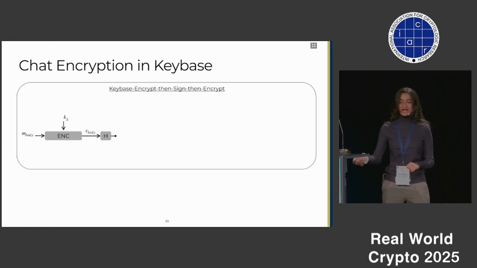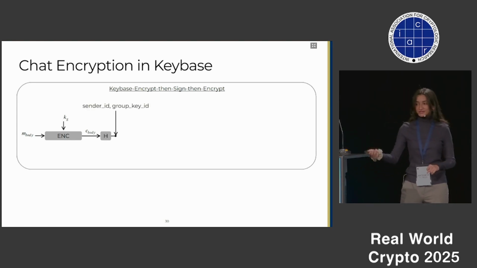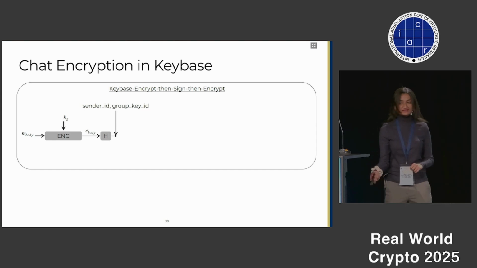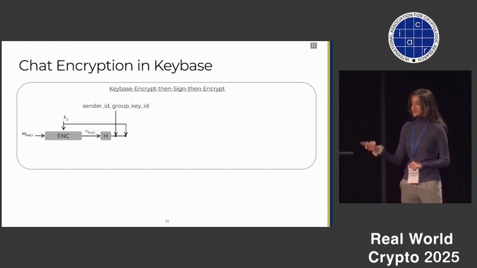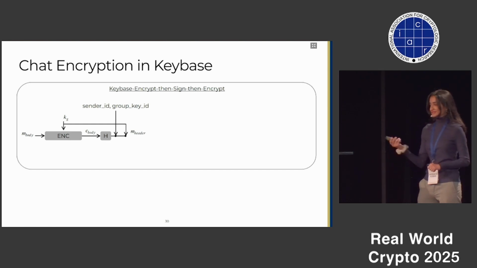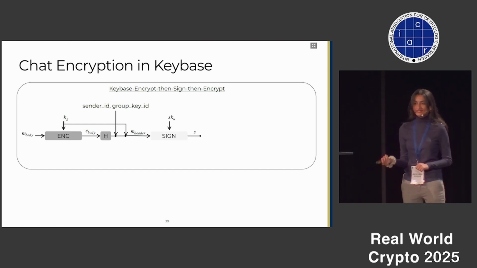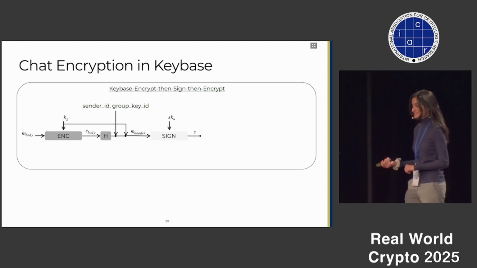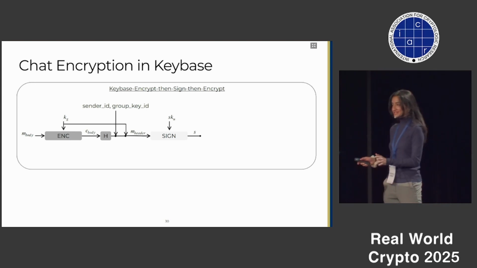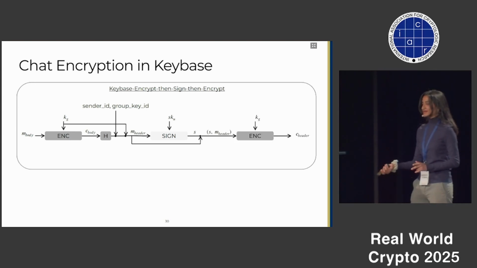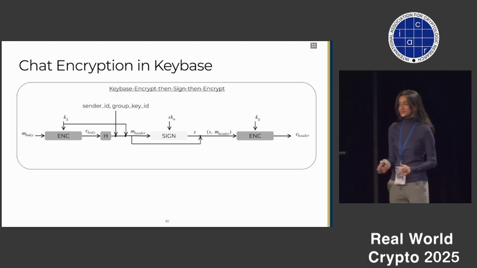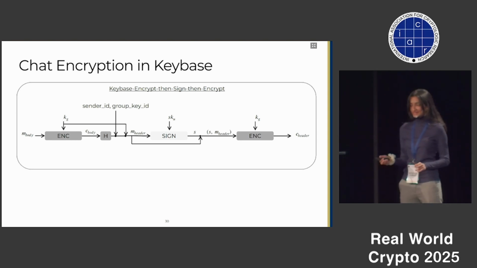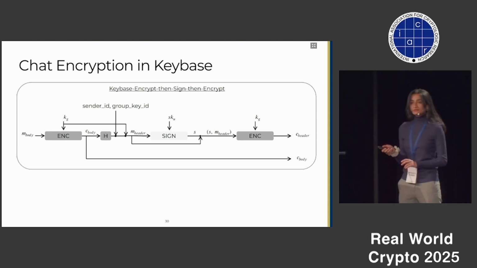Then it combines the hash of the body ciphertext with the sender and group key identifiers and the symmetric encryption key itself to produce the message header. This message header is signed under the sender signing key to produce a signature. To hide the signature itself, the message header and the signature are then encrypted using the symmetric group key to produce the header ciphertext. The sender will then broadcast the header ciphertext and the body ciphertext to the group.